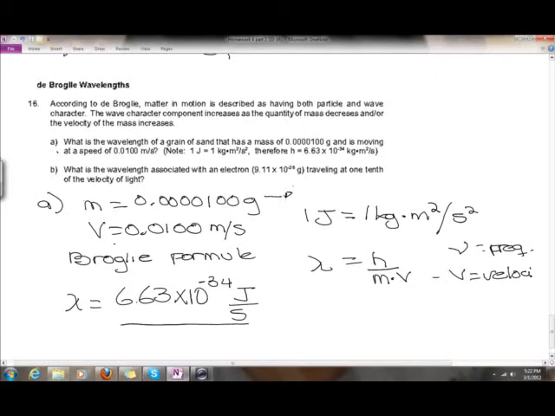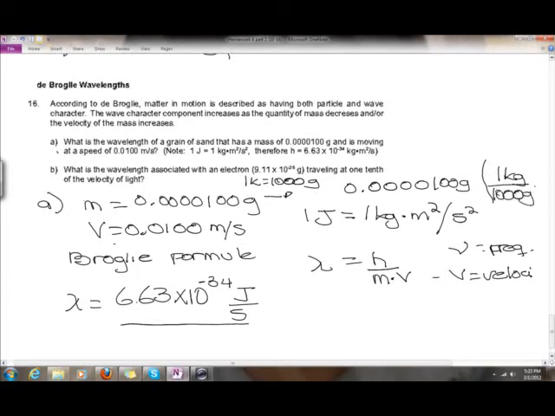Let's go ahead and convert this to kilograms. You know that 1 kilogram is 1,000 grams. So if you have 0.000100 grams, the desired unit, kilograms, goes on top, and the given unit, 1,000 grams, goes on bottom.